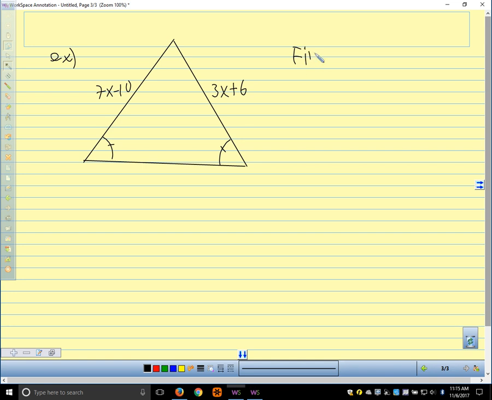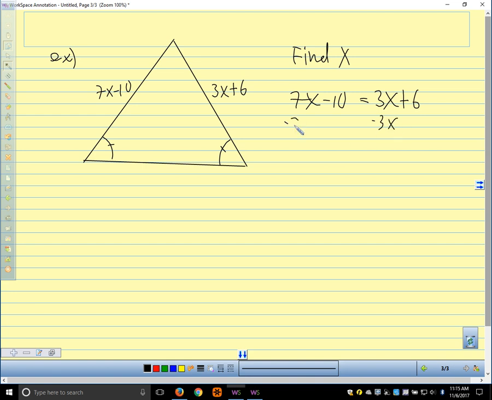The problem is to find x. Well, if those two angles are congruent, what do we know about the two sides? They're also congruent. So we can say these two things have to be the same. 7x minus 10 has to equal 3x plus 6.